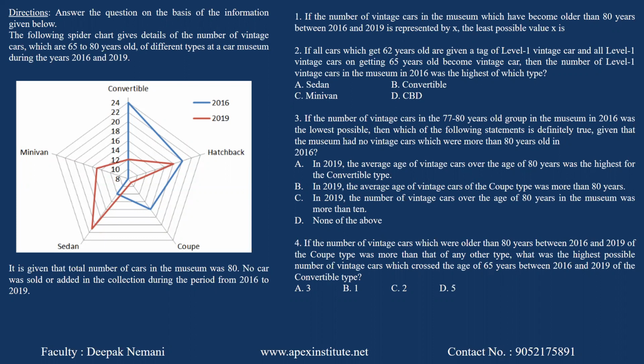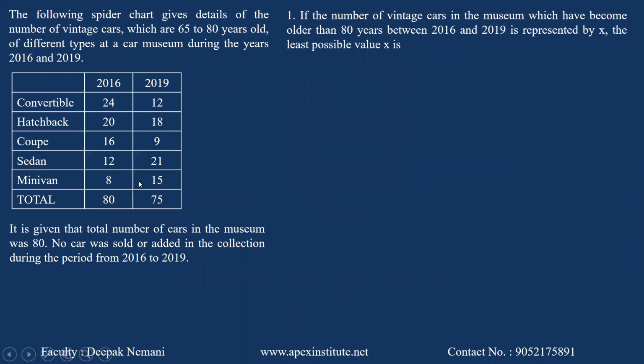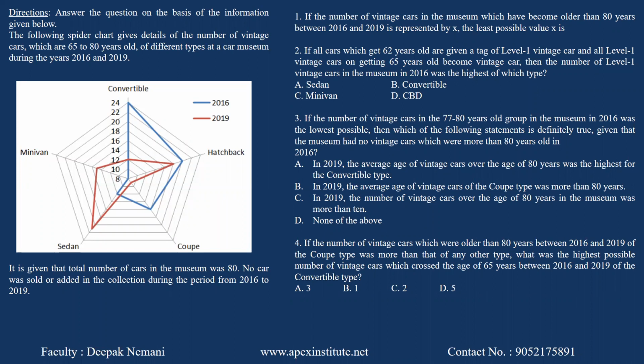So if you have any change in the number of vintage cars in a certain model, for example, for the year 2016, the number of convertible cars which are vintage are 24, and in the year 2019, 12. So 12 among these convertible cars have crossed 80 years old, isn't it?